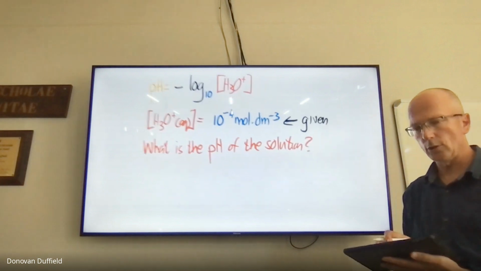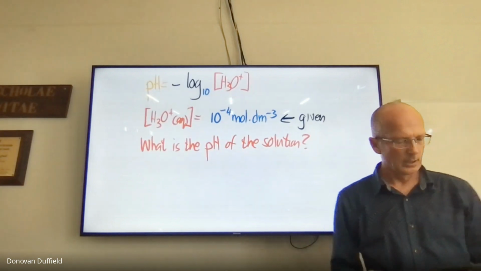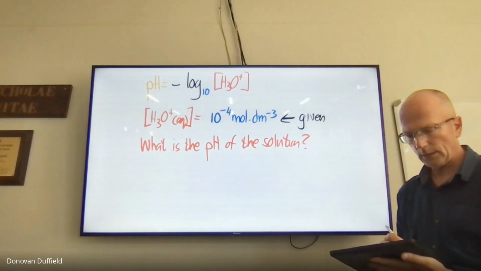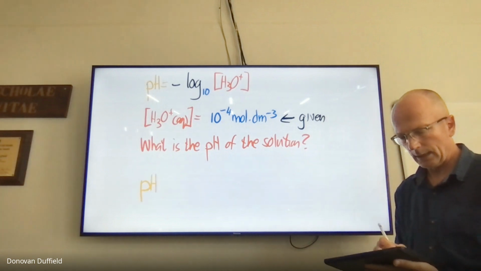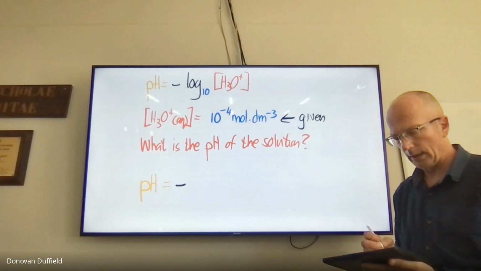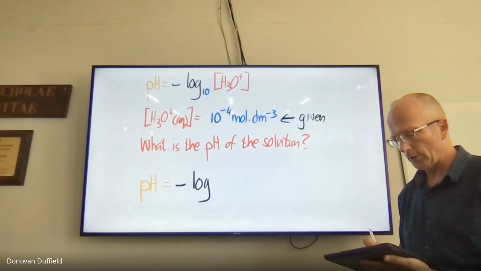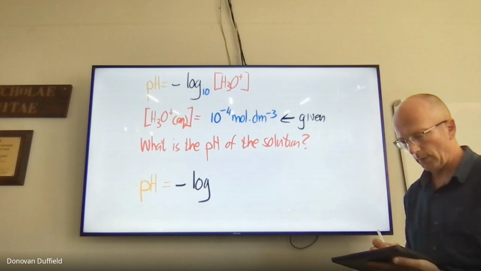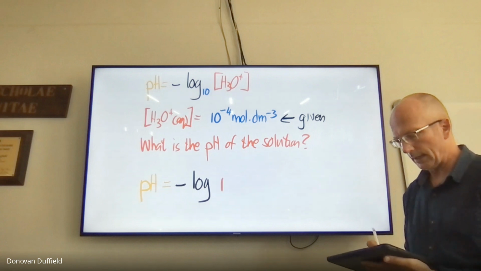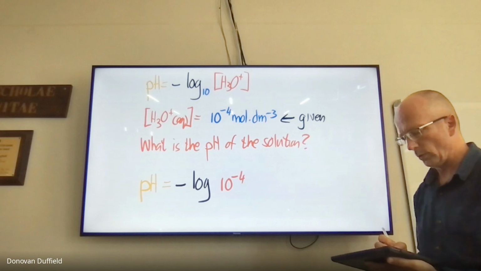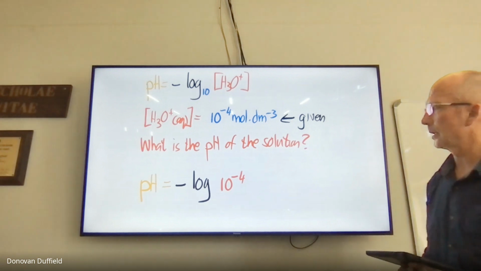Okay, then what we do is the following. We say, okay, pH is going to be the negative logarithm of the hydronium ion concentration, which is going to be 10 to the negative 4 mole per cubic decimeter.